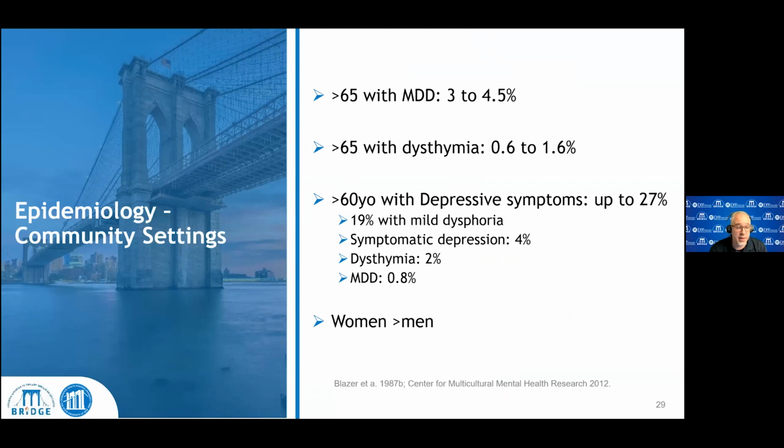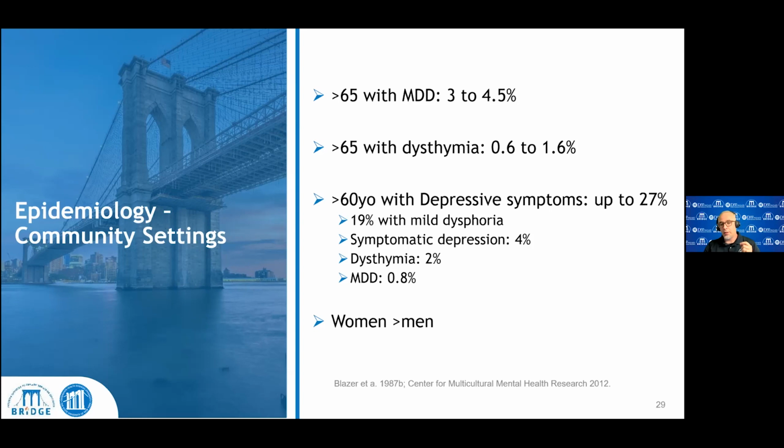So surprisingly, in community samples, the actual prevalence of syndromic major depressive disorder, meaning you meet all the criteria for major depressive disorder, actually drops a little bit from younger counterparts. That varies quite a bit, though, amongst populations of older adults in community settings, depending on which population you're sampling.